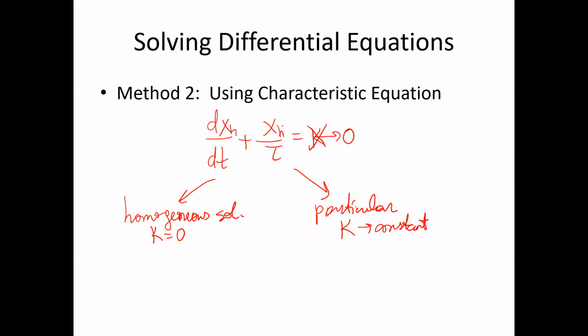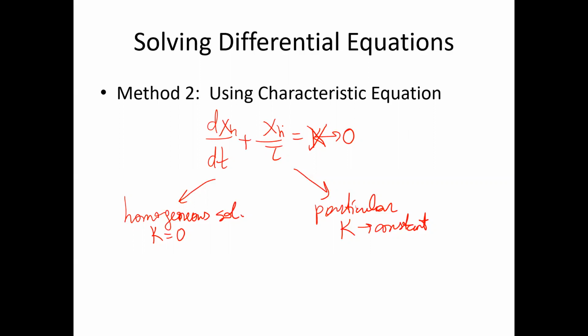Let me say that again: I need a function such that when I take its derivative, it gives itself back again, because then I can add it to itself potentially and get 0 back again.